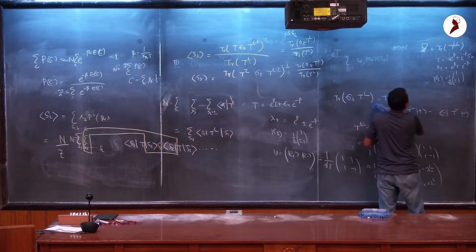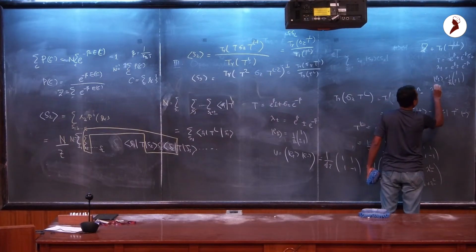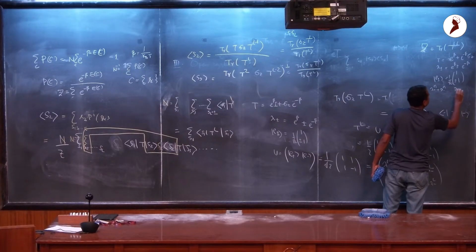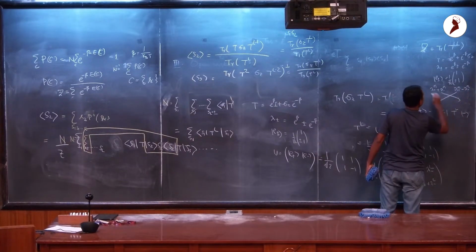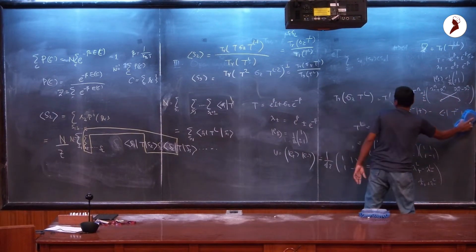And T to the power n is lambda plus to the power n plus lambda minus to the power n, lambda plus to the power n minus lambda minus to the power n, and this goes here, with a half. So these are the formulas, we get it.